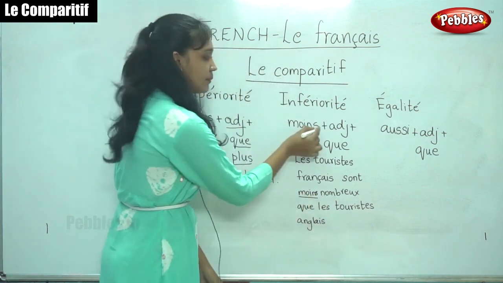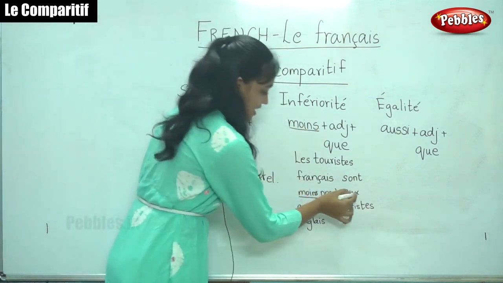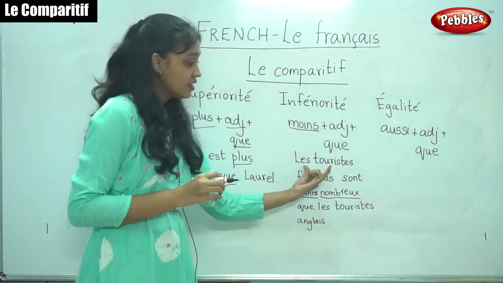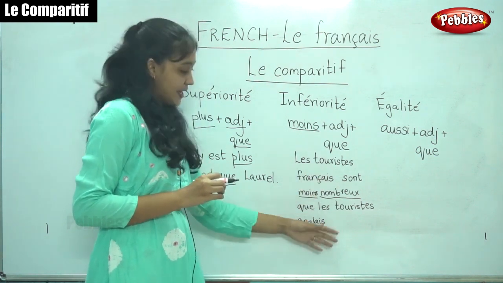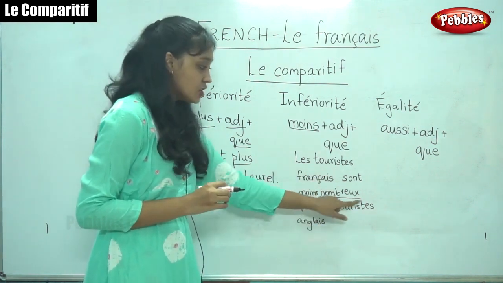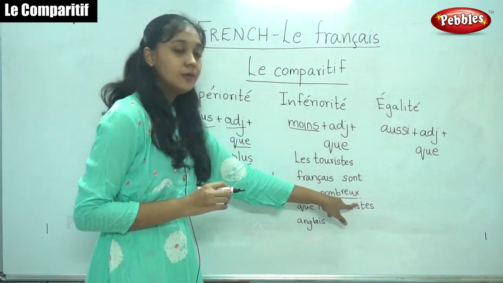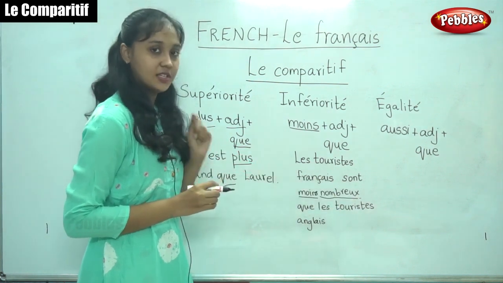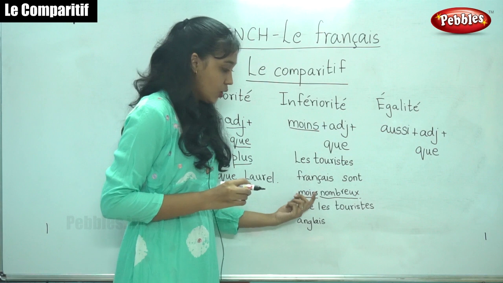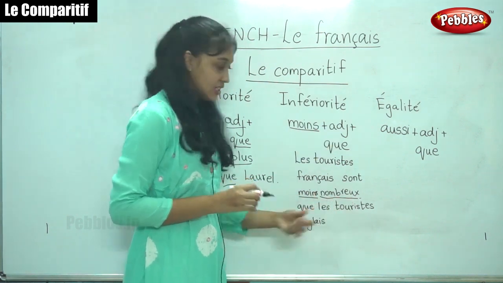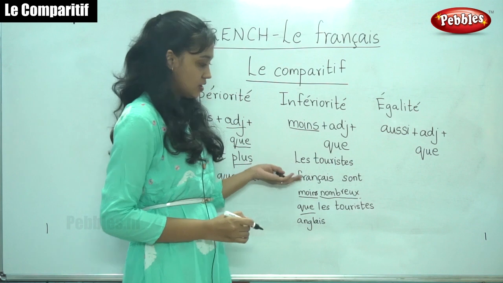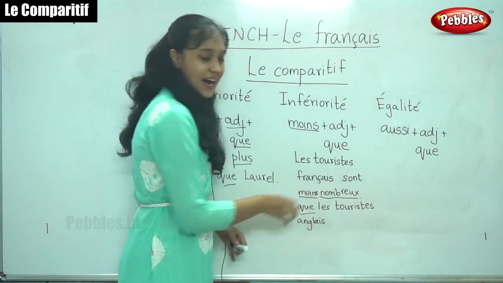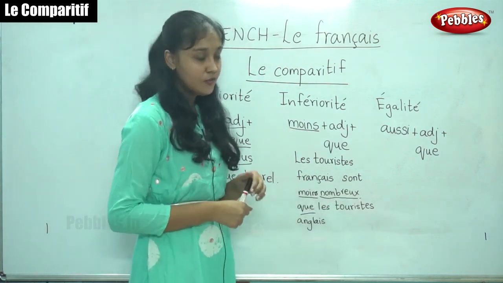Moins means less, plus the adjective, here nombreux. Since we are comparing two plural nouns, your adjective also takes the plural form. So here the adjective has to agree with the subject. Kindly remember that. So moins plus the adjective plus que.